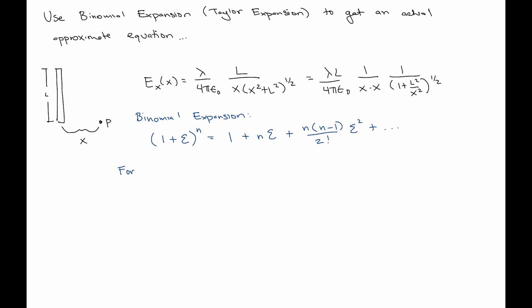So as long as epsilon is small, it is sufficient to take the first few terms, because the other terms multiplied by epsilon to larger powers will get very small.